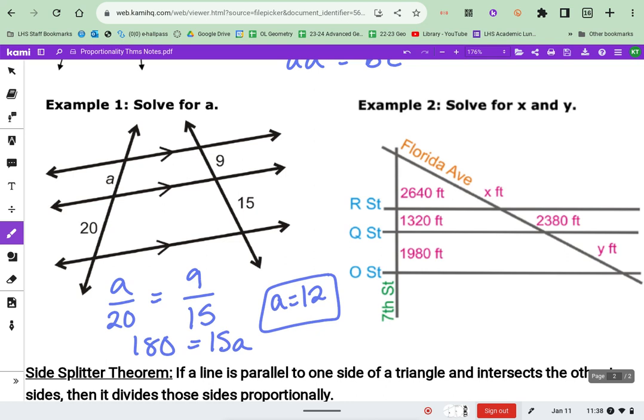Go ahead and at least share with your group in number 2 how you're setting up your proportions to solve for x and y.